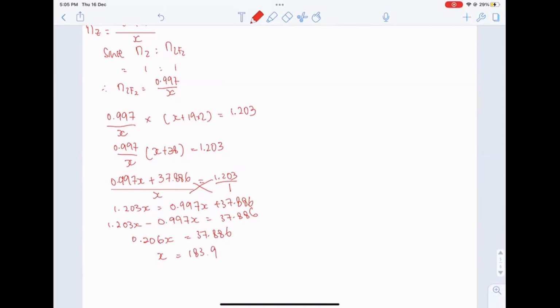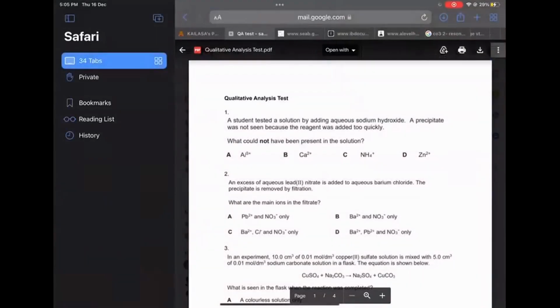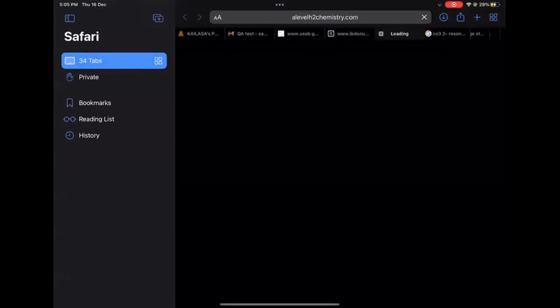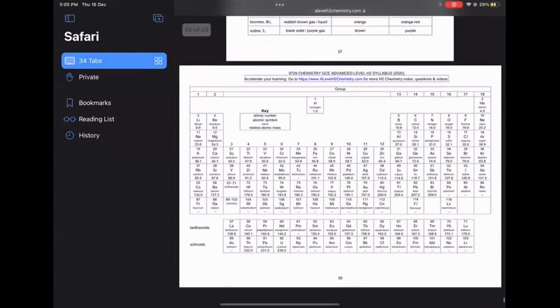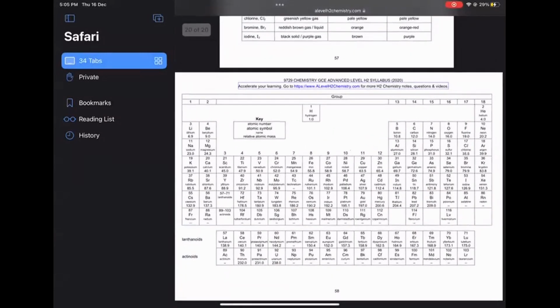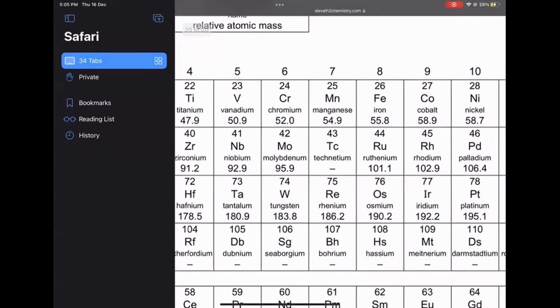And if you take a look at the periodic table, again, I only have the A level one, but it's still very similar. To check, we look for 183.9 thereabouts. You see, tungsten is 183.8, right?